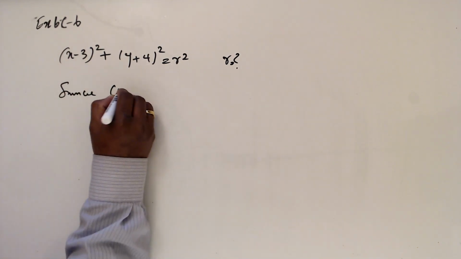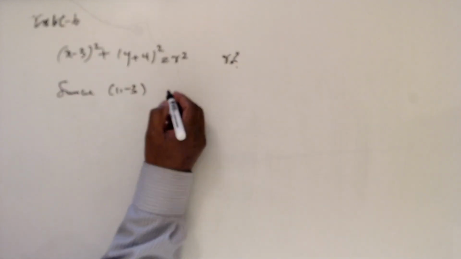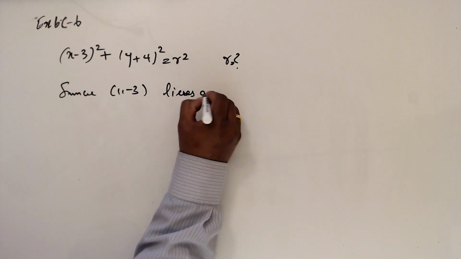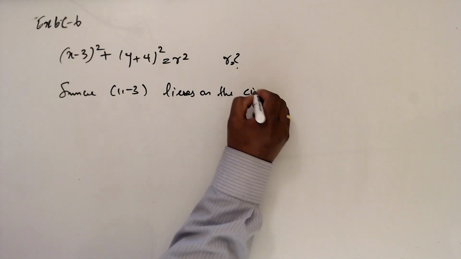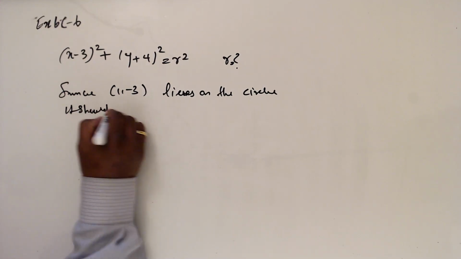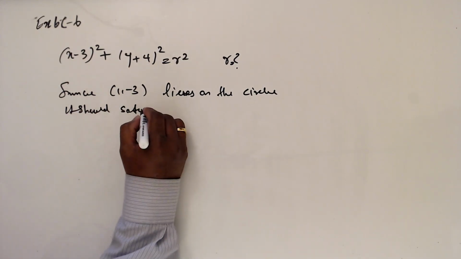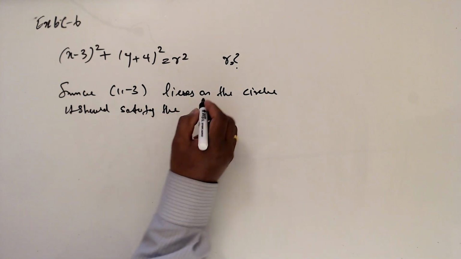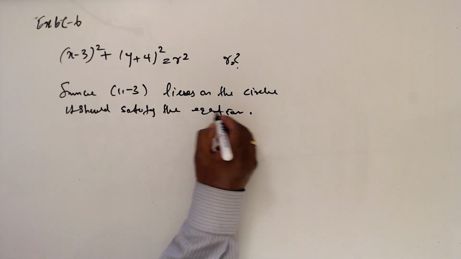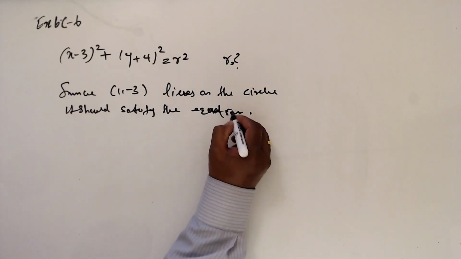Since 1, minus 3 lies on the circle, it should satisfy the equation.